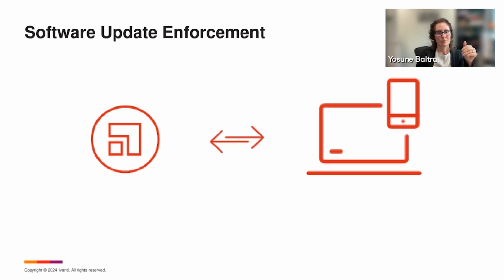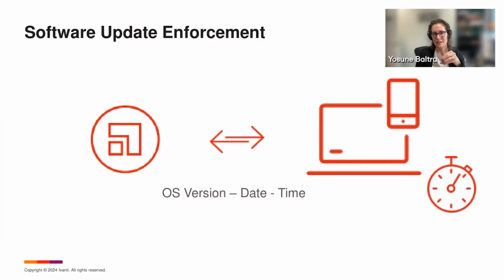So just a mini demonstration here. Same as before, you will ask the device to check in and see if it needs a new software update. But now you will be able to push to the device the OS version that you want to upgrade to, and then the date and the time as well.